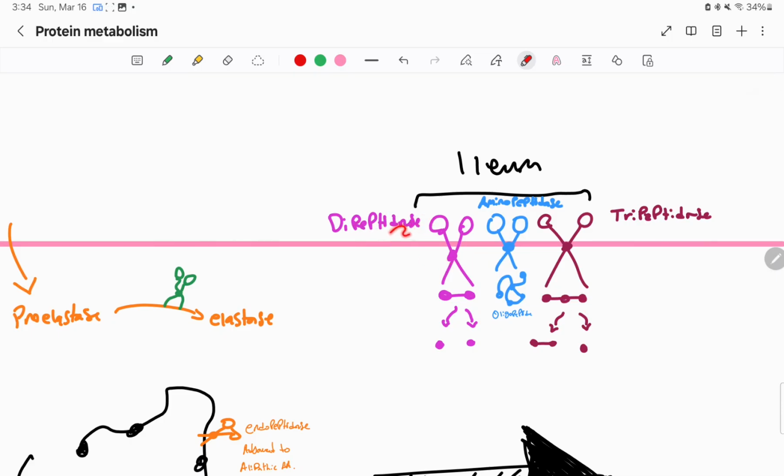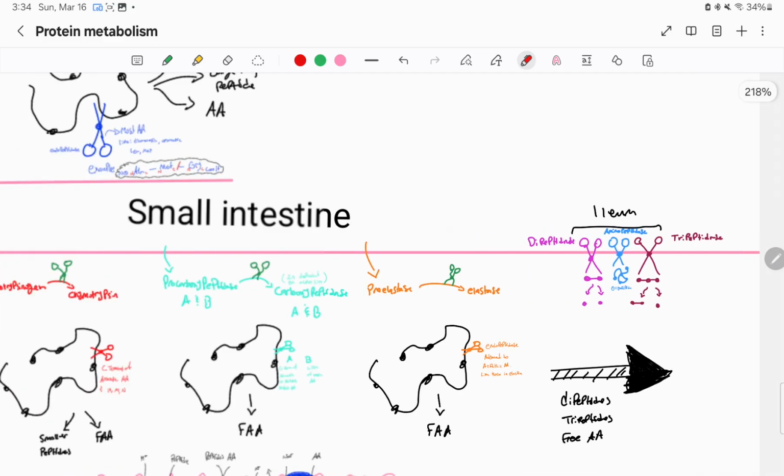And they can be dipeptidases, aminopeptidases, and tripeptidases. All that means is that, for example, the aminopeptidases cut from the amino side of the amino acid. They usually cut oligopeptides. The dipeptidases will cut a dipeptide into 2 free amino acids. The tripeptidases will cut a tripeptide into 1 free amino acid and a dipeptide, which could probably then be cleaved again by this dipeptidase. Okay.